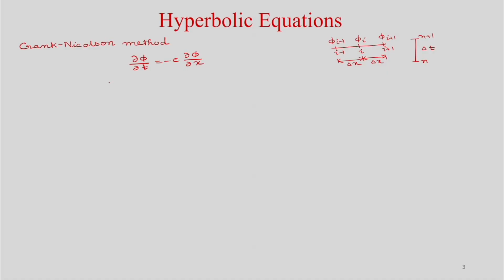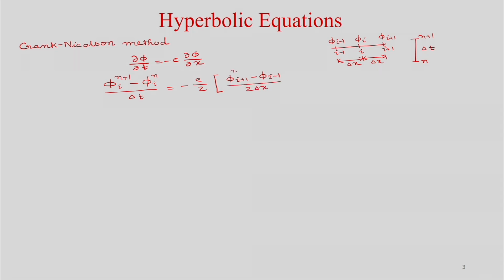The spatial derivative, we take an average of explicit and implicit. So, you write the left hand side as (phi I n plus 1 minus phi I n) divided by delta t is equal to minus c by 2, half we are taking, of (phi I plus 1 minus phi I minus 1) divided by 2 delta x.